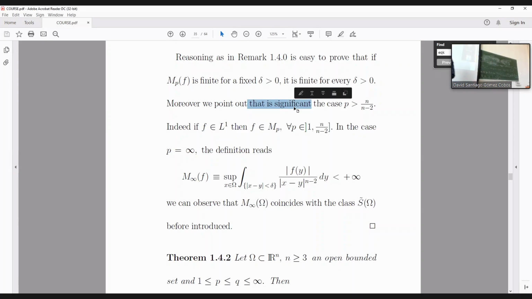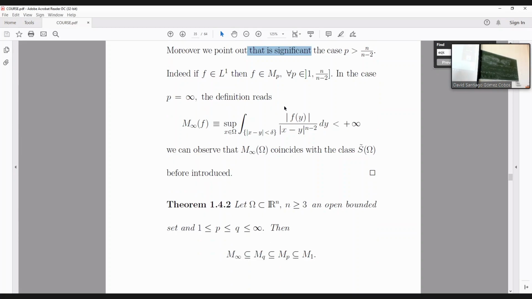So now what we ask, of course, when we define some class of function, we would like to know the relation between one and the other. So in this theorem we can see the relation between all this class of functions. So we have that if q is more or equal p, then M q is contained in MP, all are contained in M1, and M infinity is contained in all.